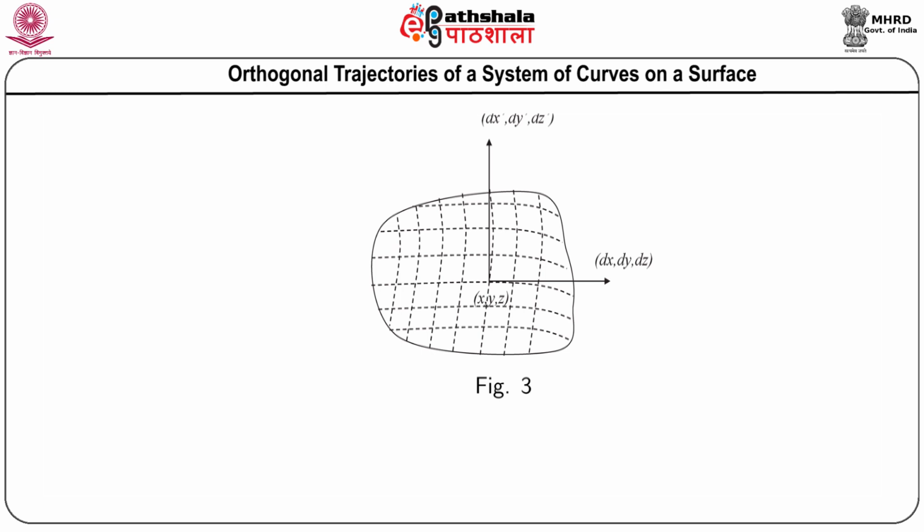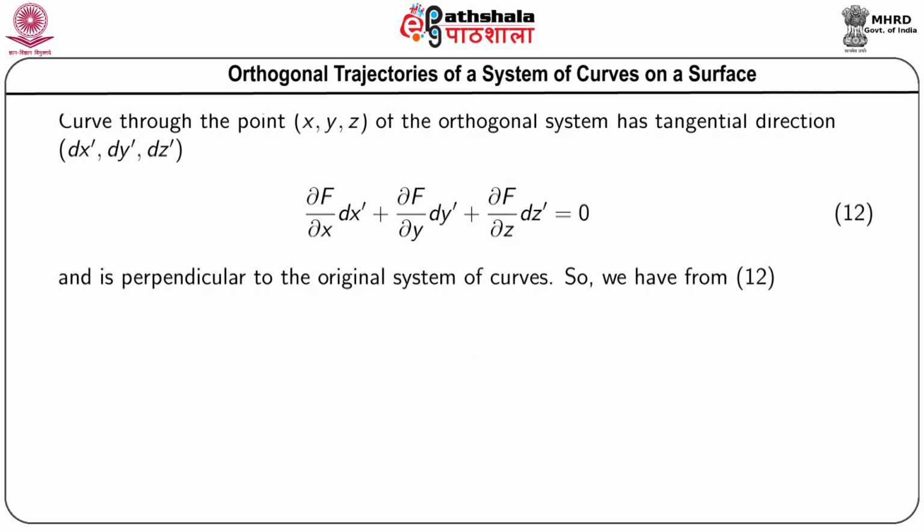So, the curve through x, y, z of the orthogonal system has the tangential direction dx dash, dy dash, dz dash, and it will satisfy the equation del f del x dx dash plus del f del y dy dash plus del f del z dz dash equals 0, since the orthogonal system also lies on the surface f and it is perpendicular to the original curve.